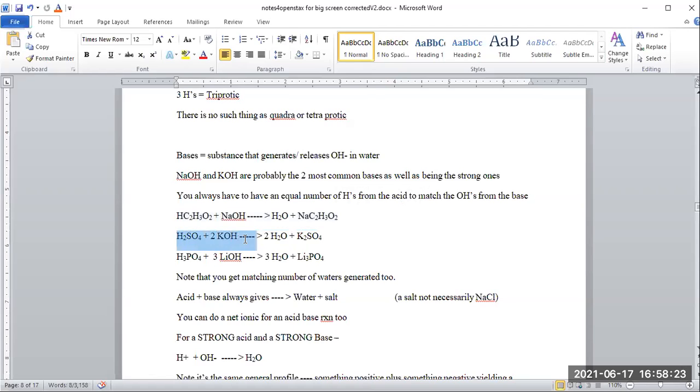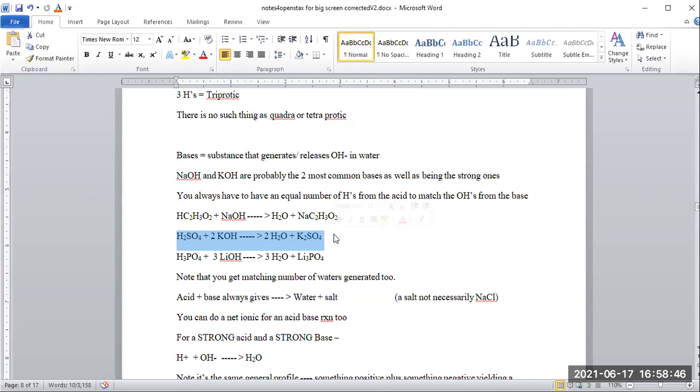So let's look at a diprotic one. Sulfuric acid has two hydrogens out in front, but I'm using some lithium hydroxide. Actually, not lithium hydroxide. I skipped down too many rows there. Some potassium hydroxide to neutralize this.